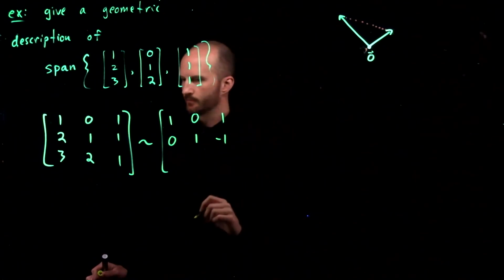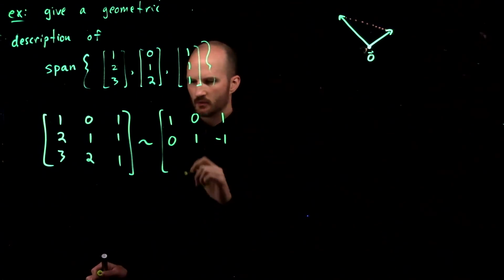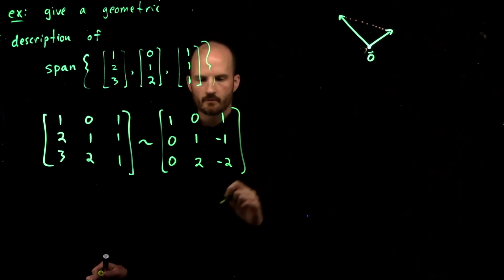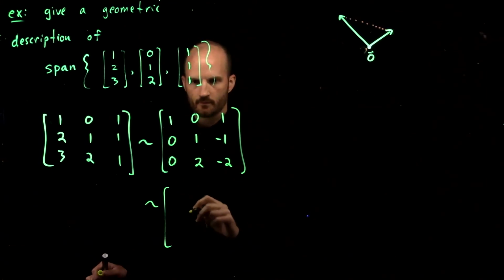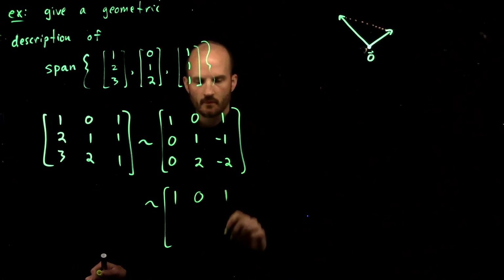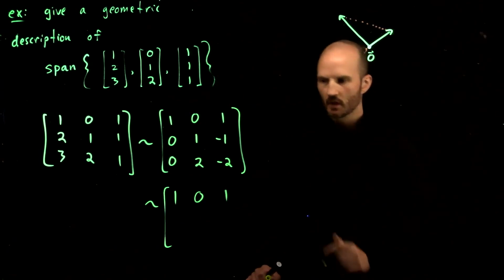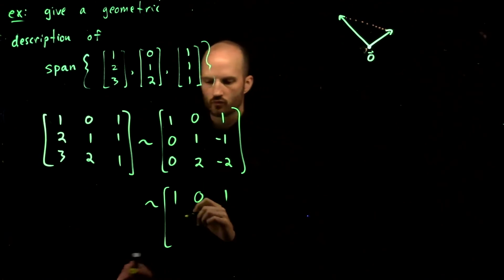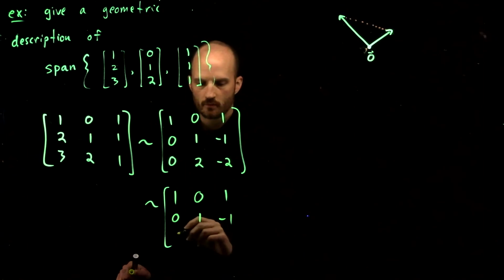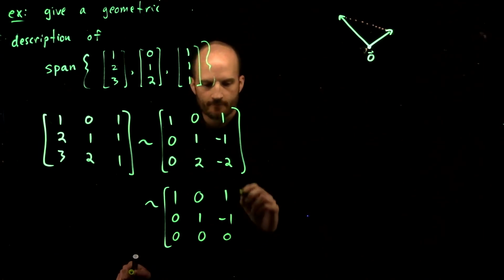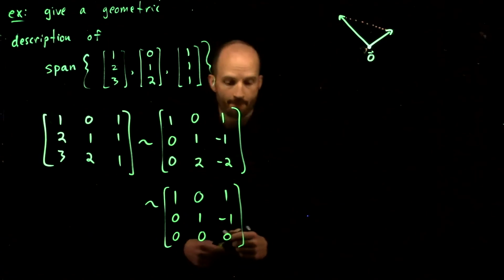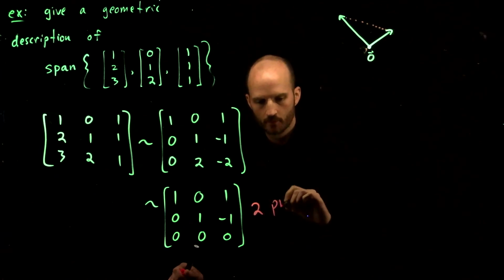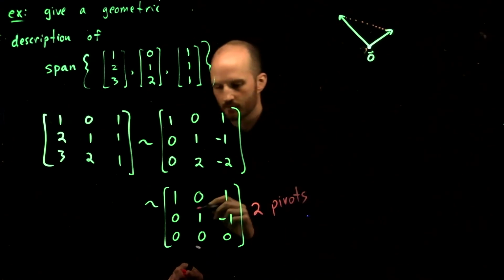Then row 3, subtract 3 row 1. And then row 3, subtract 2 row 2. And that's good enough. I can see that I have 2 pivots.